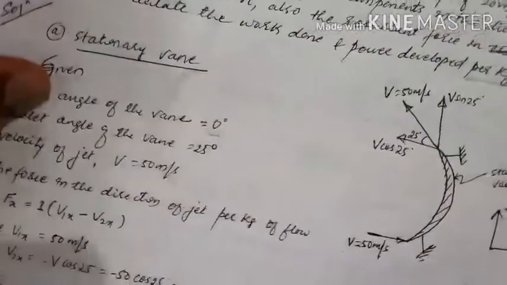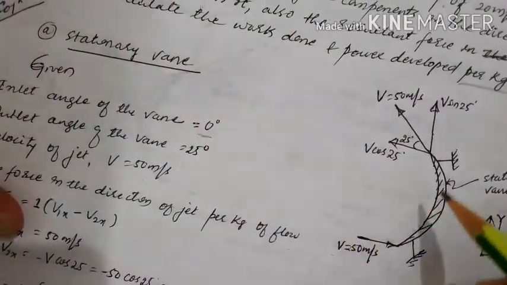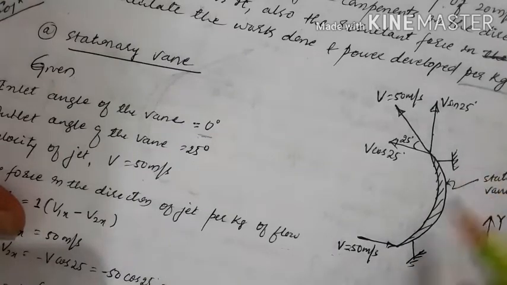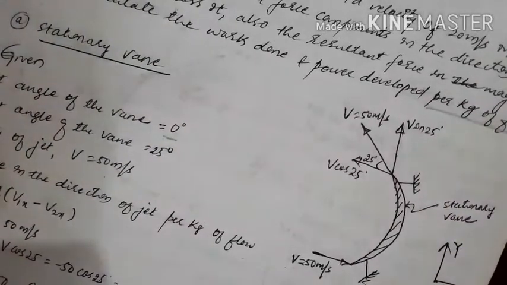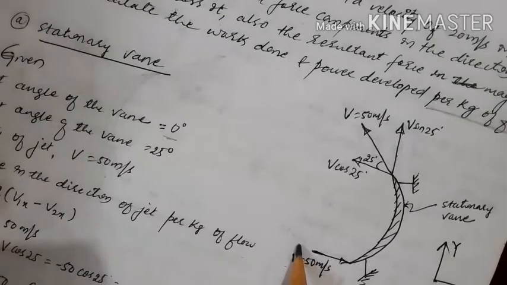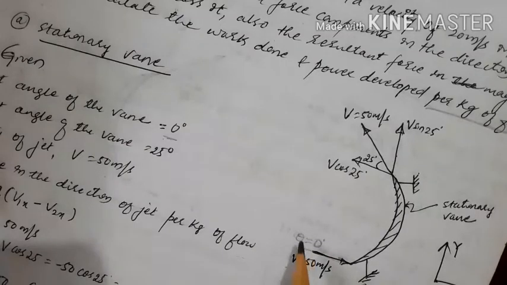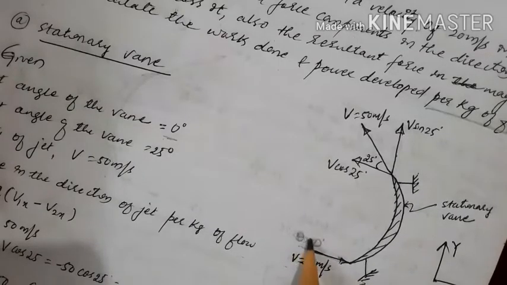Then draw this diagram like this. Draw this vane, and this is fixed. This is the velocity of the jet, but the angle here is 0, the inlet angle theta is 0.